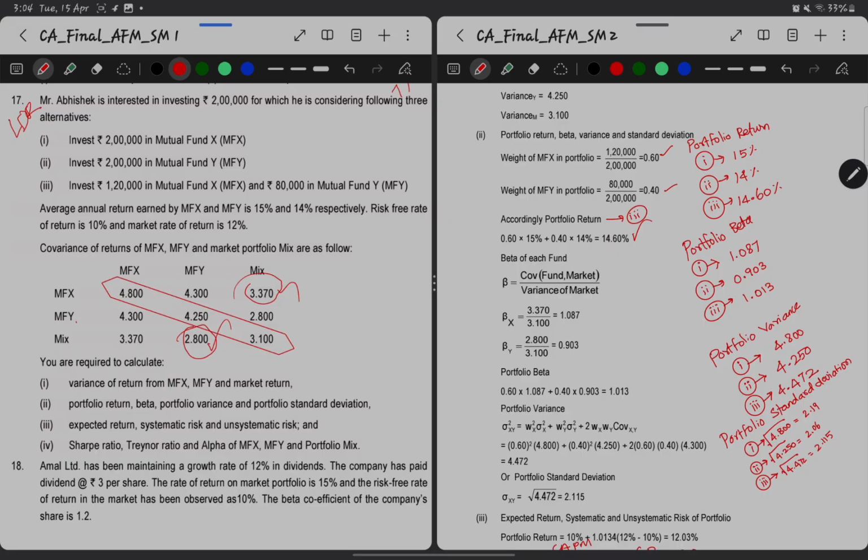This divided by the market variance, which is 3.10, will give us the beta. So 1.087 in case of X, and 0.93 in case of Y. For the third alternative, a simple weighted average will give us the beta for the portfolio, which is 1.013.